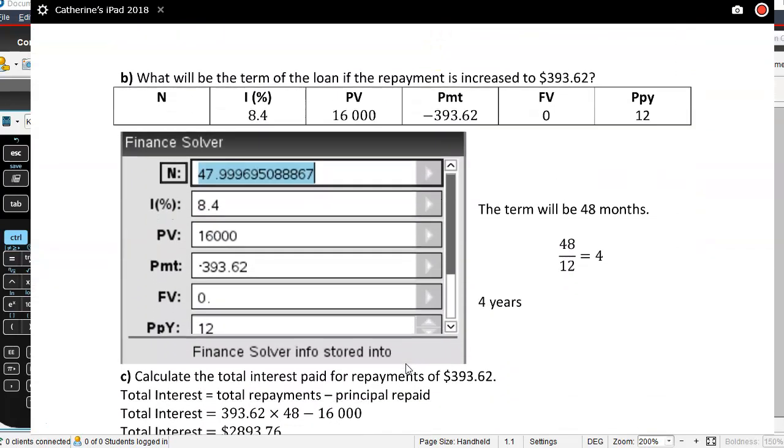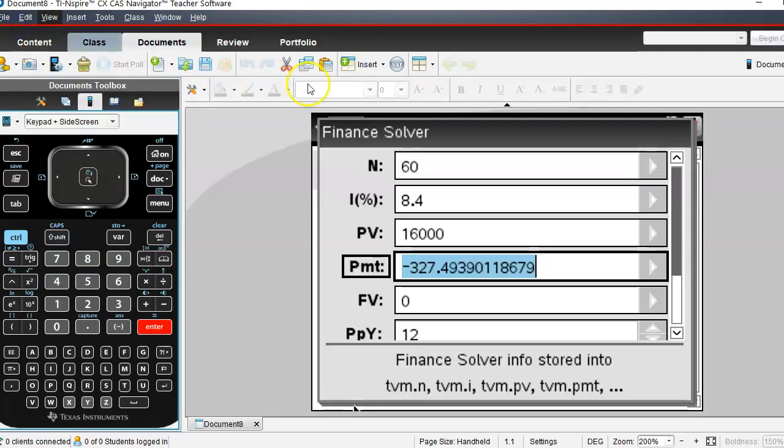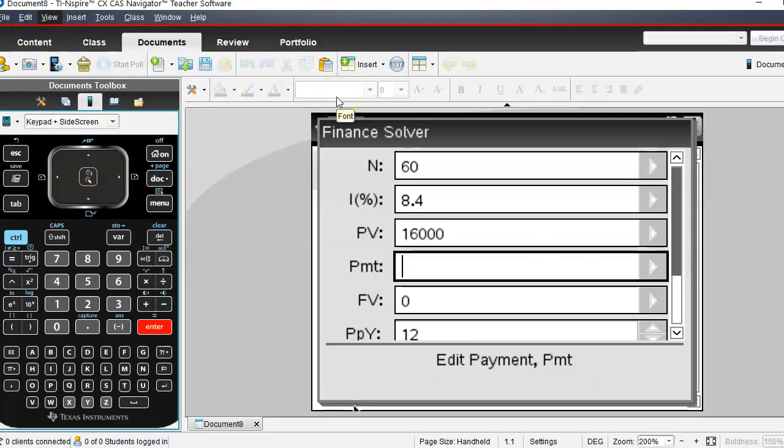What will the term of the loan be if the repayment is increased to $393? Okay, so interest rate's unchanged. The amount we owed is unchanged. At the end, we still only want to owe nothing, still 12. But now our payment is $393.62, which we're putting as a negative because we are paying that. It's going out of our pockets.